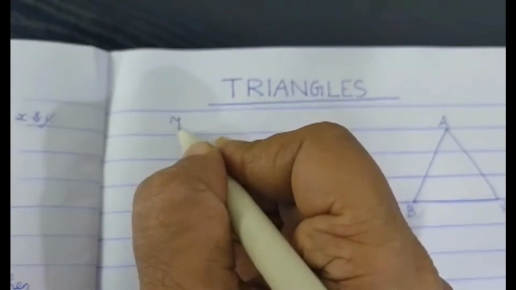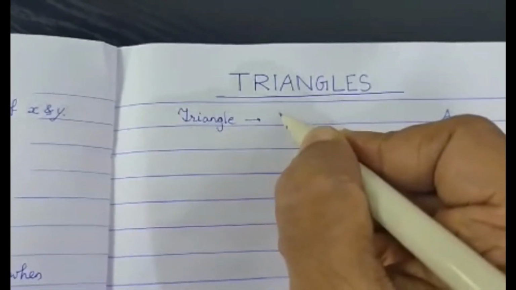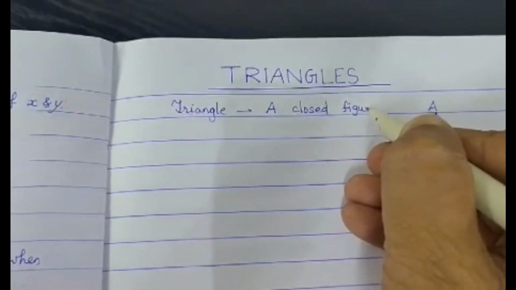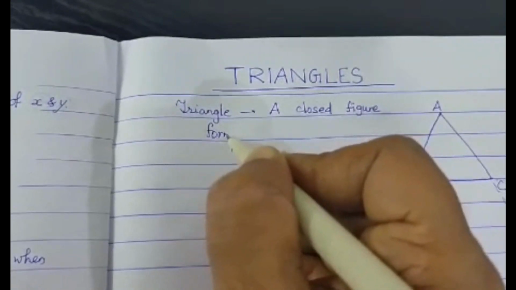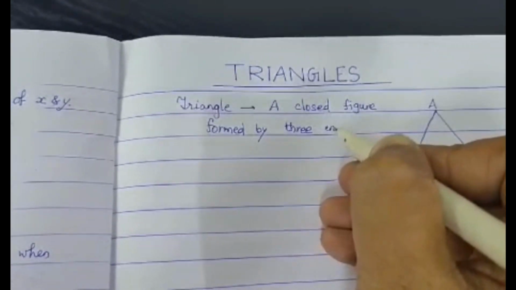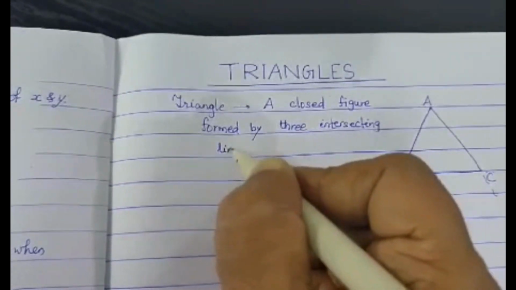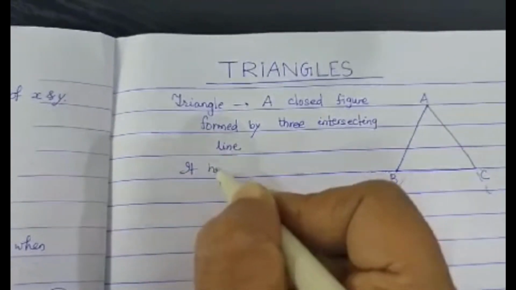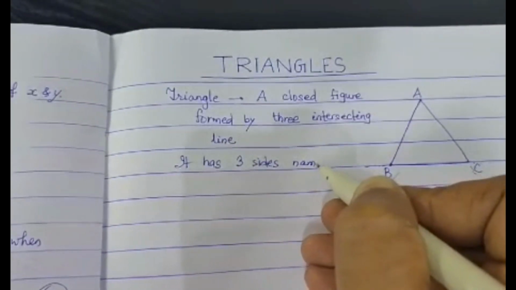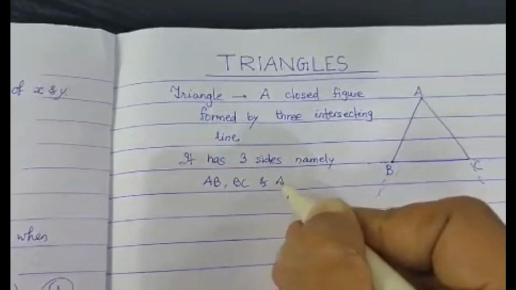So what do we mean by a triangle? A triangle is a closed figure formed by three intersecting lines. A closed figure formed by three intersecting lines. It has three sides, namely, if we name it, AB, BC and AC.